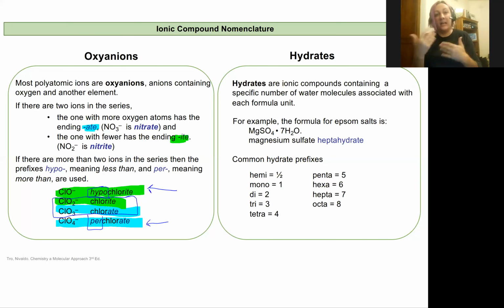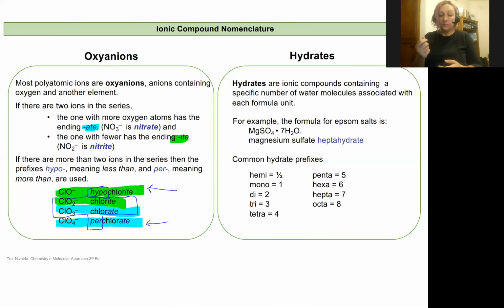To weigh it out and to manipulate it, we need to know what we're actually weighing. We need to account for that water. Otherwise, we would be weighing the wrong amount of our crystal or our ionic compound solid. So we track those waters that we know will consistently form along with that solid as a hydrate.